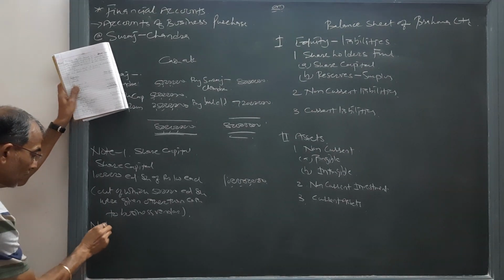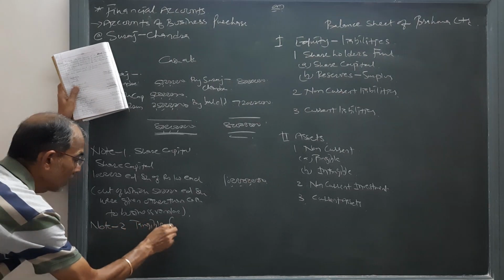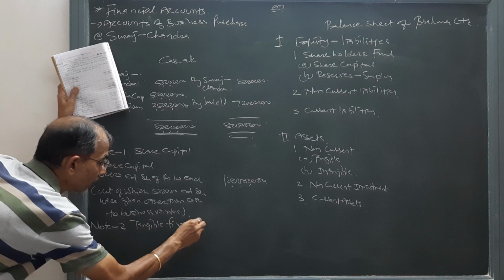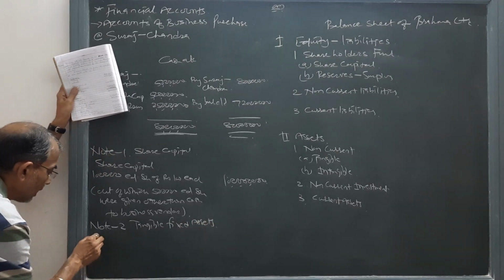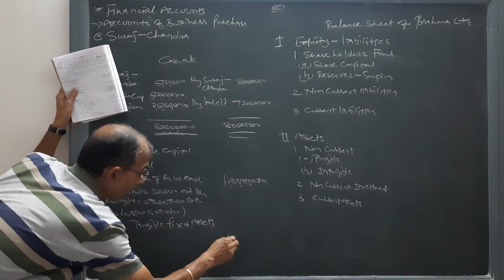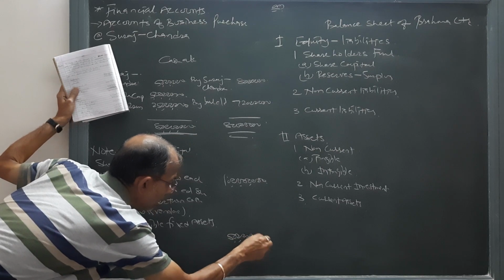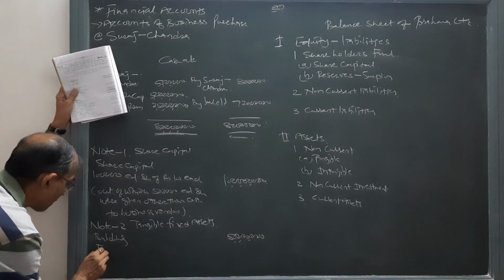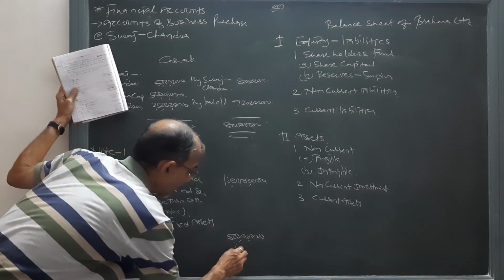Note number 2 will be tangible fixed assets. Under that is building 5 crore and furniture, that is 50 lakh.